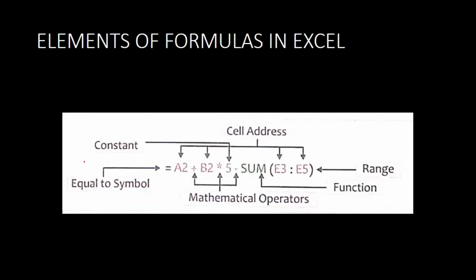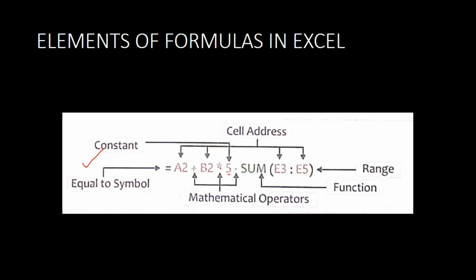Now let us know what are the elements of formula in Excel. As you can see in this example, the formula starts with equal to sign. Now A2, B2, E3, E5, these are called cell address. 5 here is called constant.